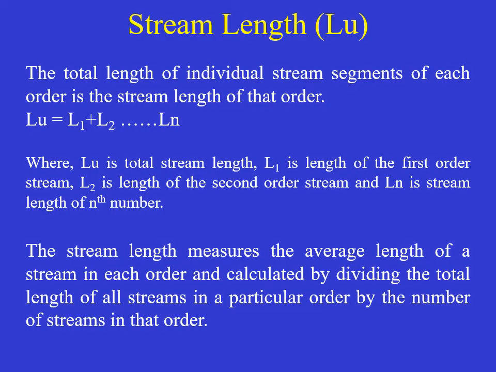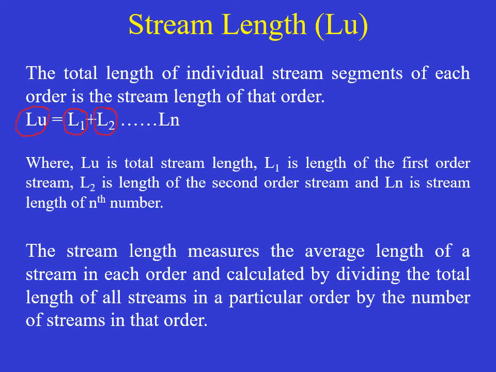Second is the measuring of stream length. Stream length is the length of the river along the curvilinear path, along the curved channel over which the stream flows. The measurement of that length is known as stream length. Now, if a river has many tributaries, the total length of the river is the sum of the lengths of all the tributaries.